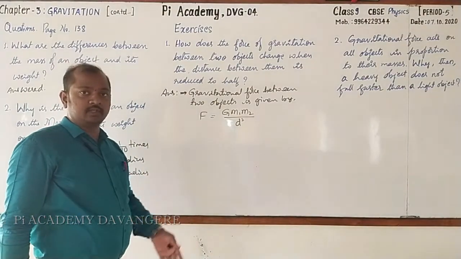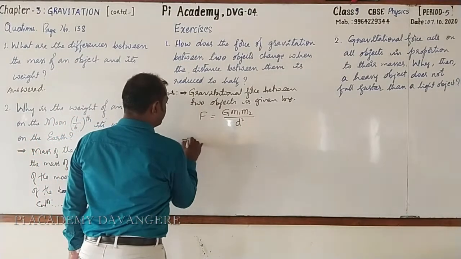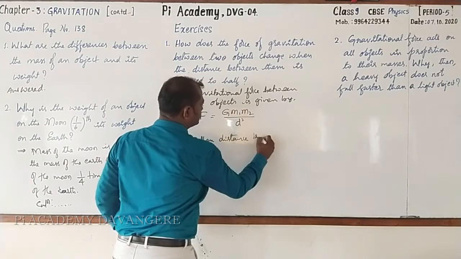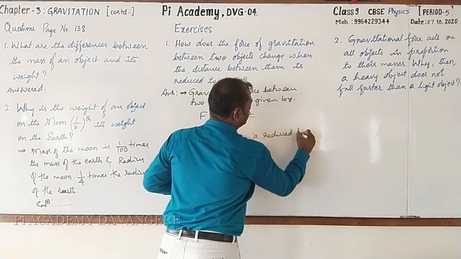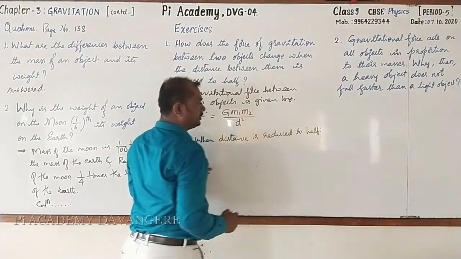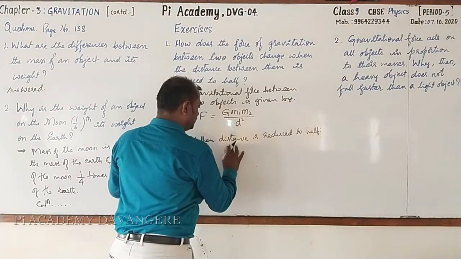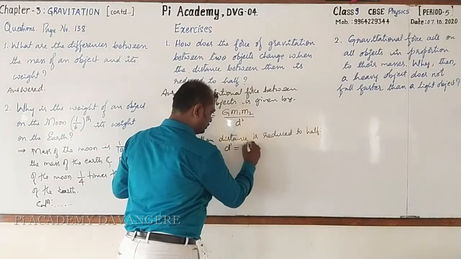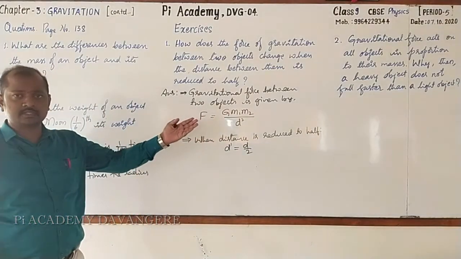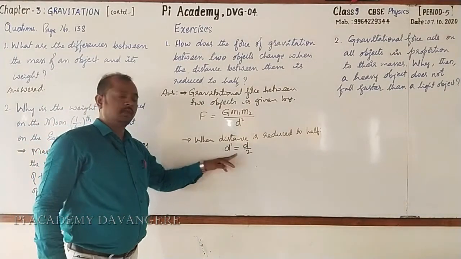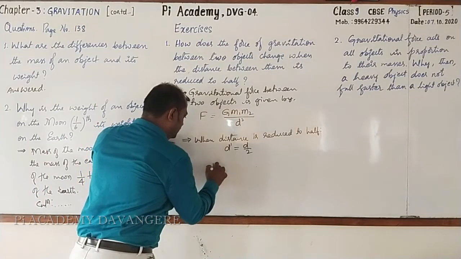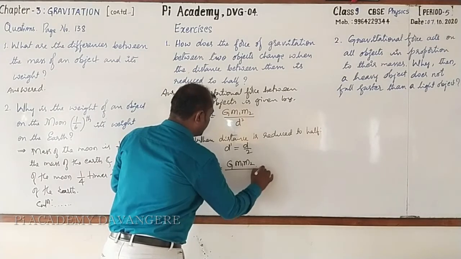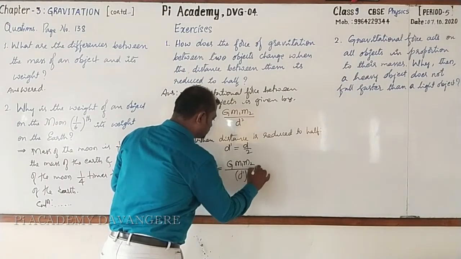When the distance is reduced to half, that means we get a new distance. I call that d dash. It is equal to d by 2. Whatever the distance at present is there, half of that. Then the new gravitational force, you may call this F dash, is equal to G into m1 m2 by d dash whole square, right?